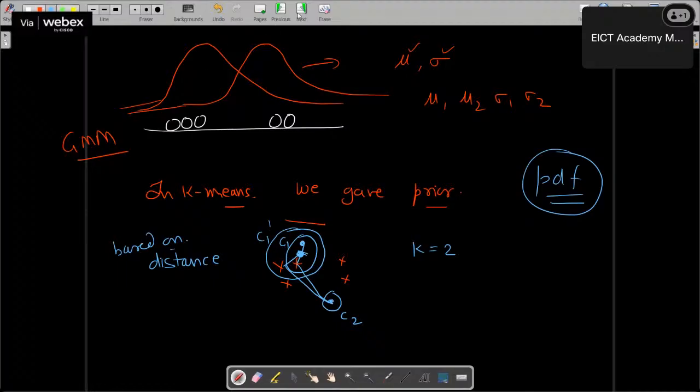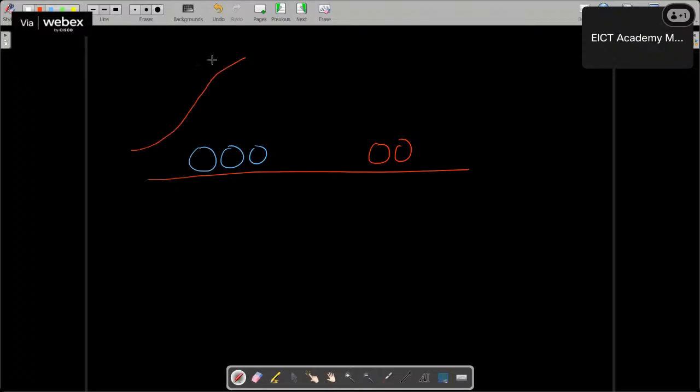Clear? So now see, this one is my blue data point, and this one is my red data point.